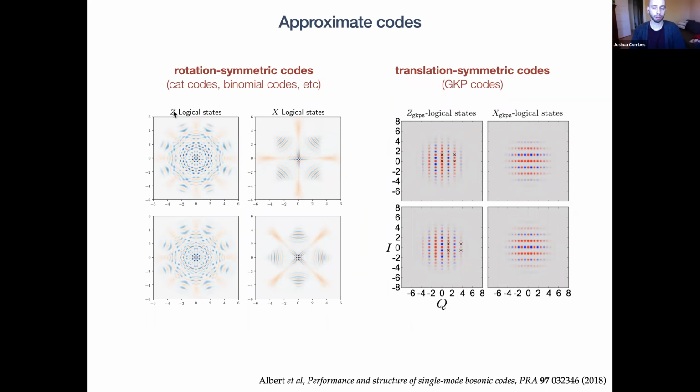And over here in the rotation symmetric codes, this is an n=4 code. You can see there's a rotation symmetry in these x basis code words. This is the plus state, this is the minus state. And then the Z code words have an 8-fold rotation symmetry. I think they just look very impressive, but yeah.